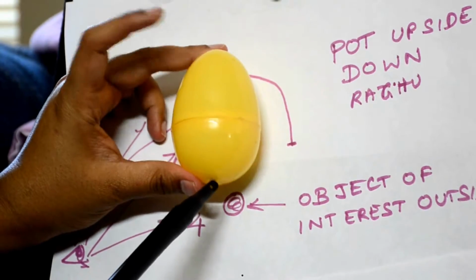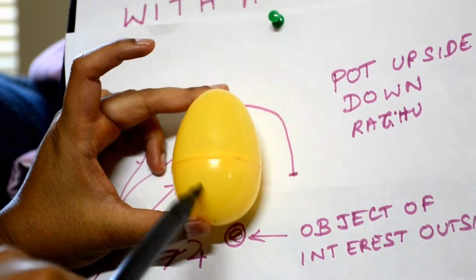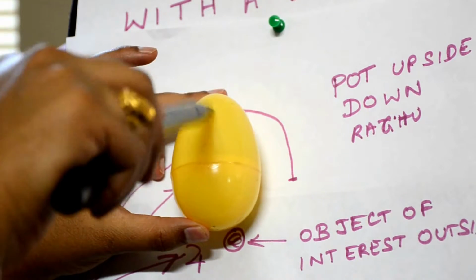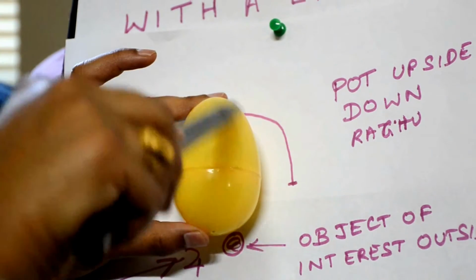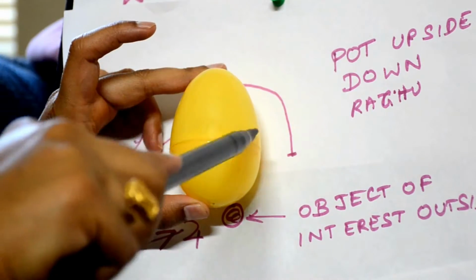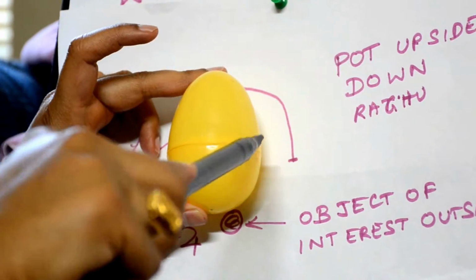The object will be here. To this upside down part, the object is outside, and nothing is inside the upper part of the Easter egg. And this upper boundary is called Sun, and the actual upside down state of the part is called Rahu.